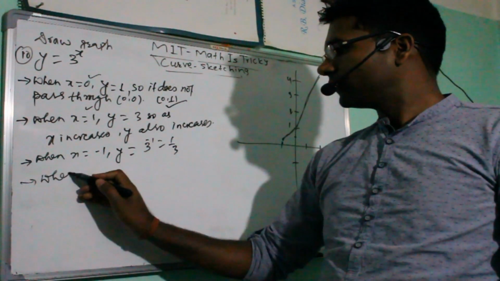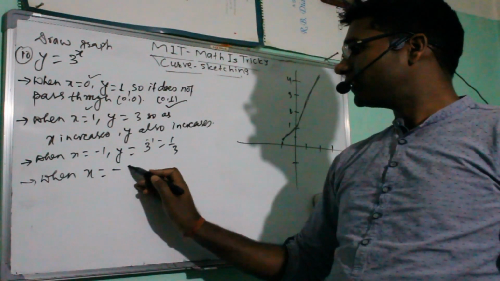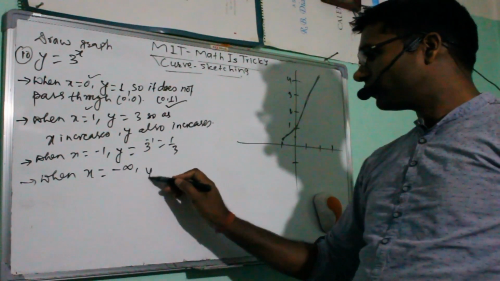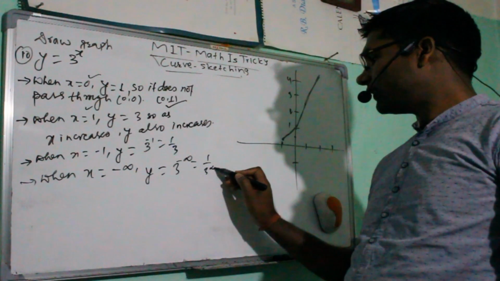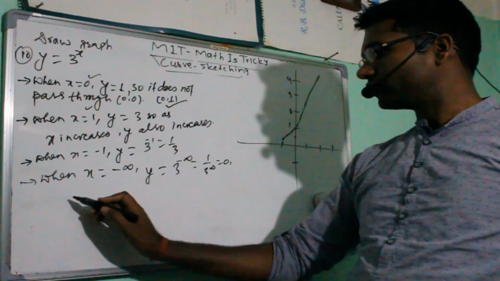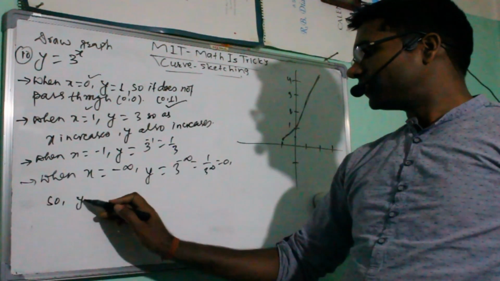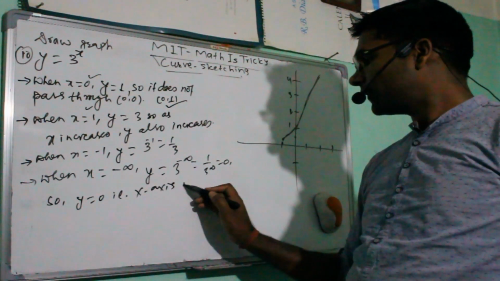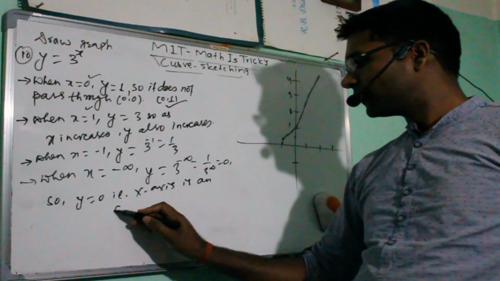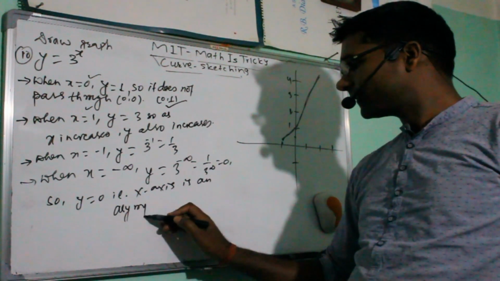When x equals -infinity, y will be 3 power -infinity, which equals 0. So y equals 0, that is, x-axis is an asymptote.